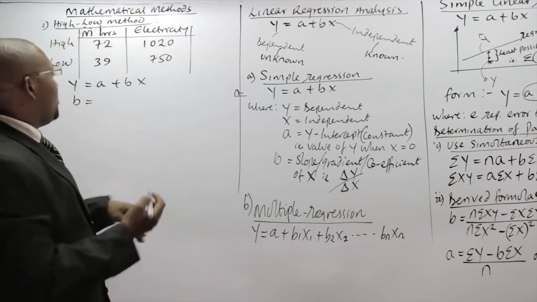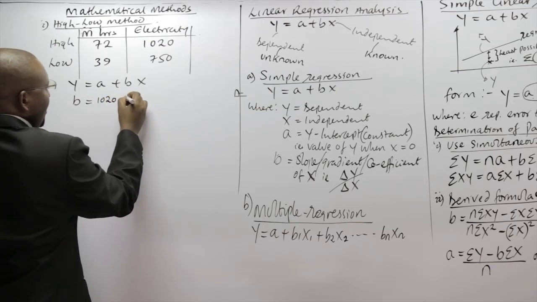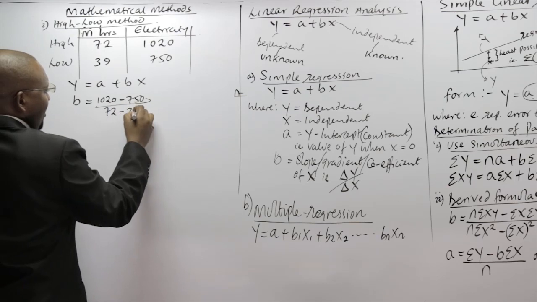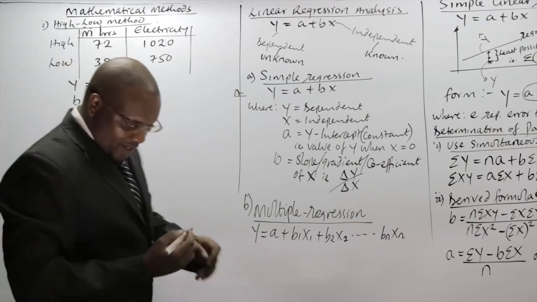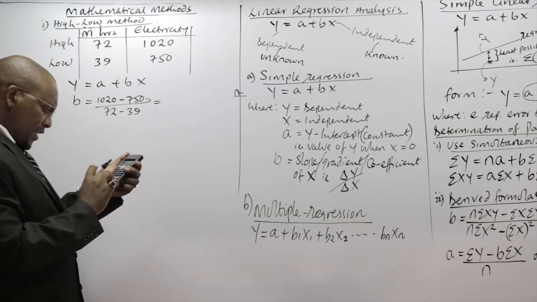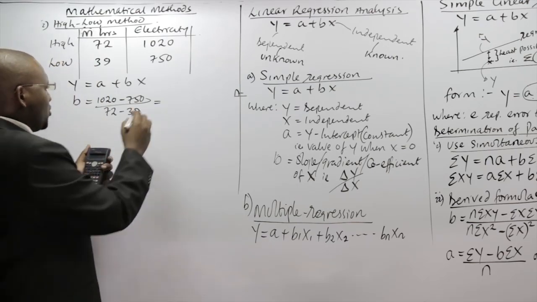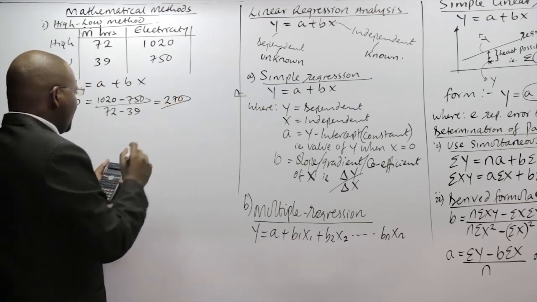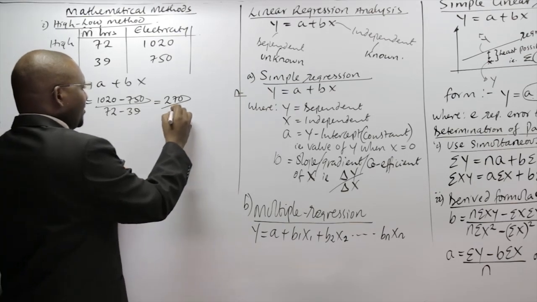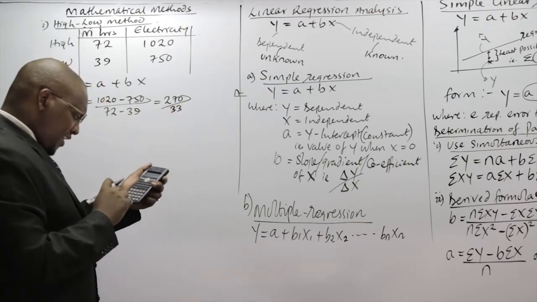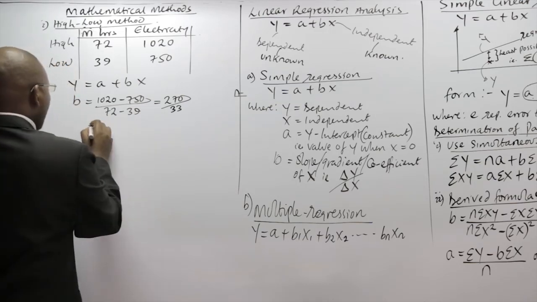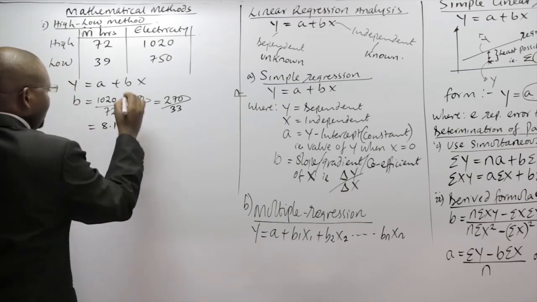The change in cost will be 1020 minus 750, and we divide by 72 minus 39. 1020 minus 750 is 270, and we divide by 72 minus 39, which is 33. When you divide, you get 8.18. So B is 8.18.